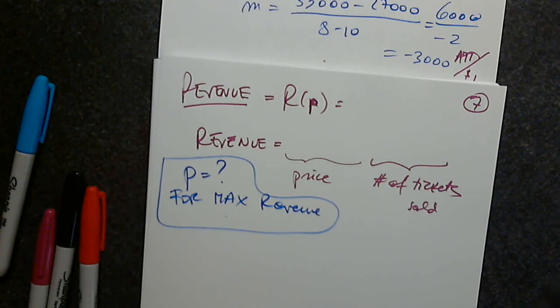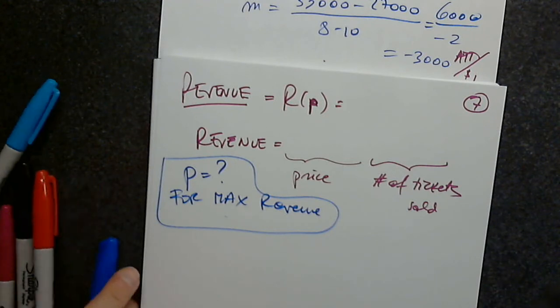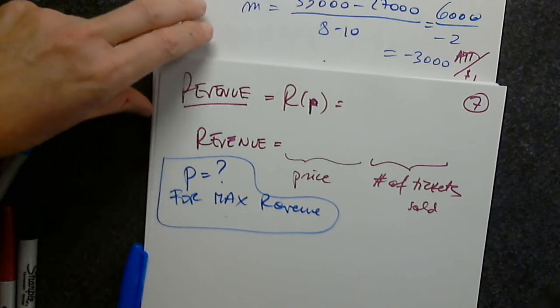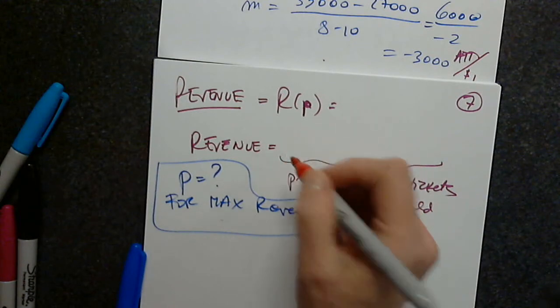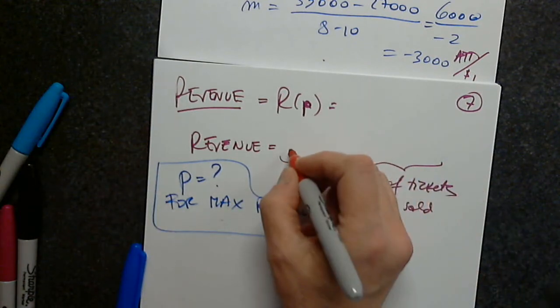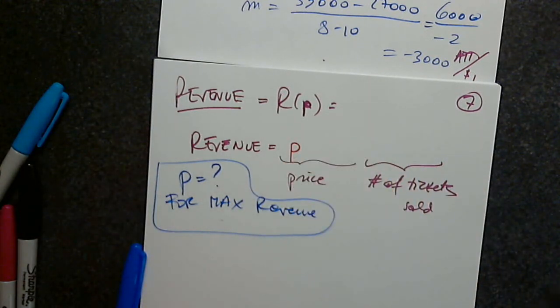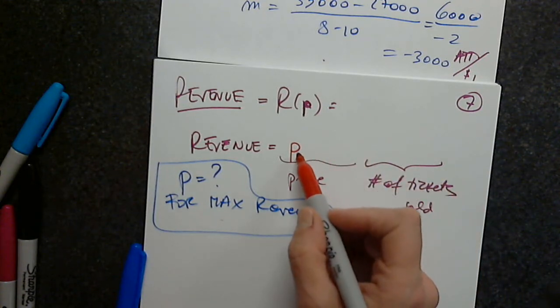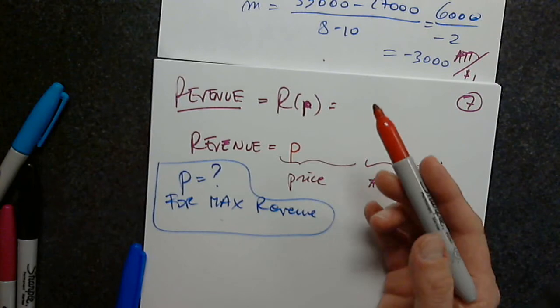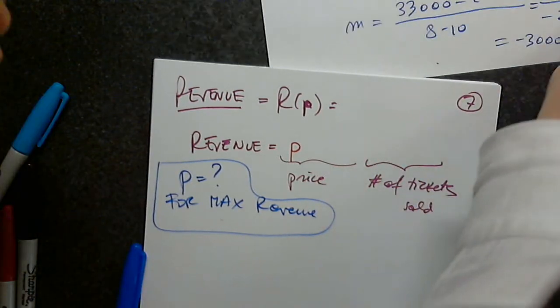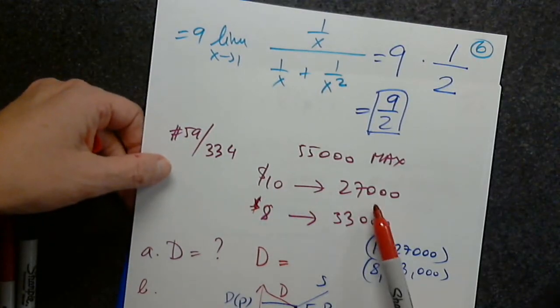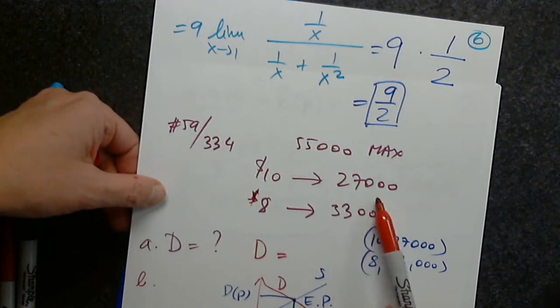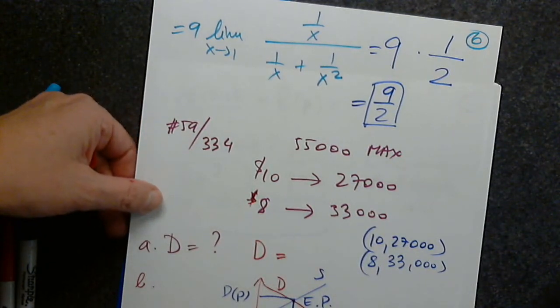Okay, so then I'm going to call it P, it doesn't matter. So they're giving us $10, right? So 10 for 27,000 attendance and 8 for 33,000. Okay.